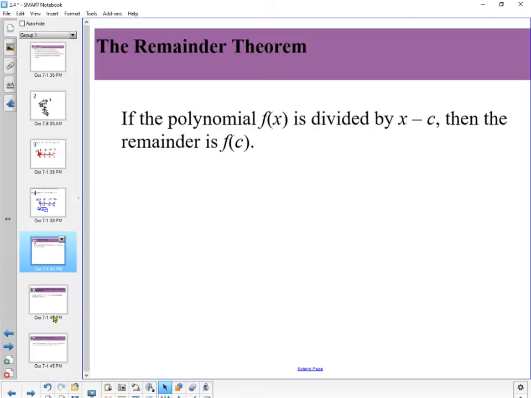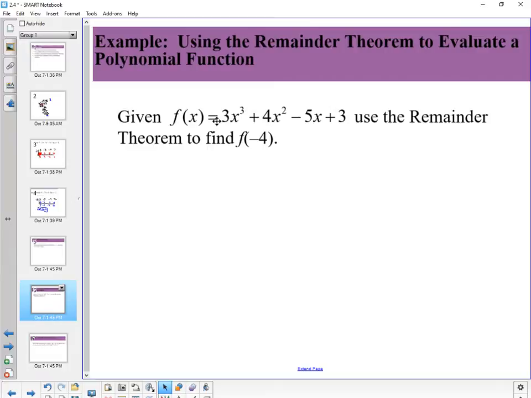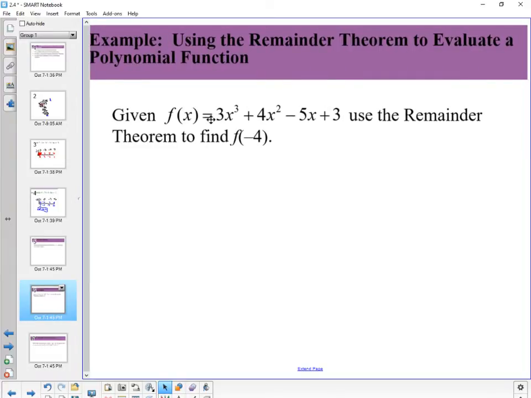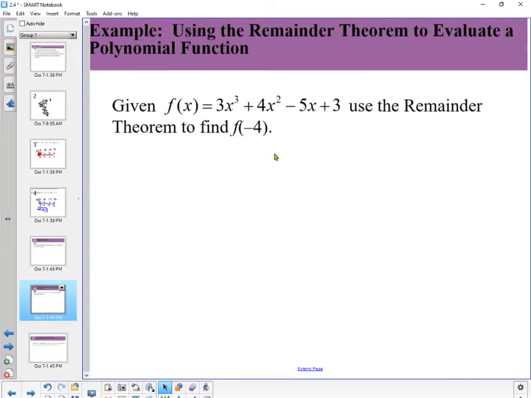Cool beans. So, now here's a question. All right, so using the remainder theorem to evaluate a polynomial. Do you guys remember how we used to plug in -4 and then do all this crazy math? Guess what else we could do? We could just use synthetic division to figure out what that is.